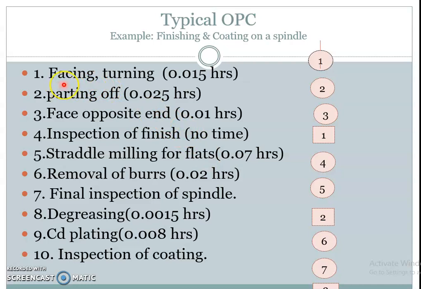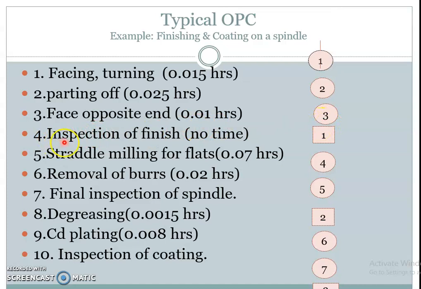The first operation here is facing and turning, which is given the number 1. The second operation is the turning operation, so the next circle is given the number 2. The next operation is facing the opposite end, the third operation, so the circle is given the number 3.